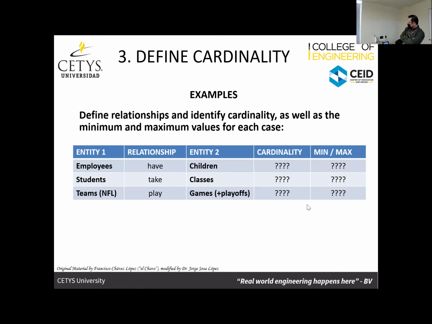So the first one, employees have children. What type of relationship would we have there? One to many. It might be debatable if it's many to many, assuming that a child has more than one parent. However, the way it's actually deployed when we're talking about employees and children or parents and children, usually regardless of if the child has one or two parents, usually one of them is designated as the tutor, okay, or is designated as the official one.